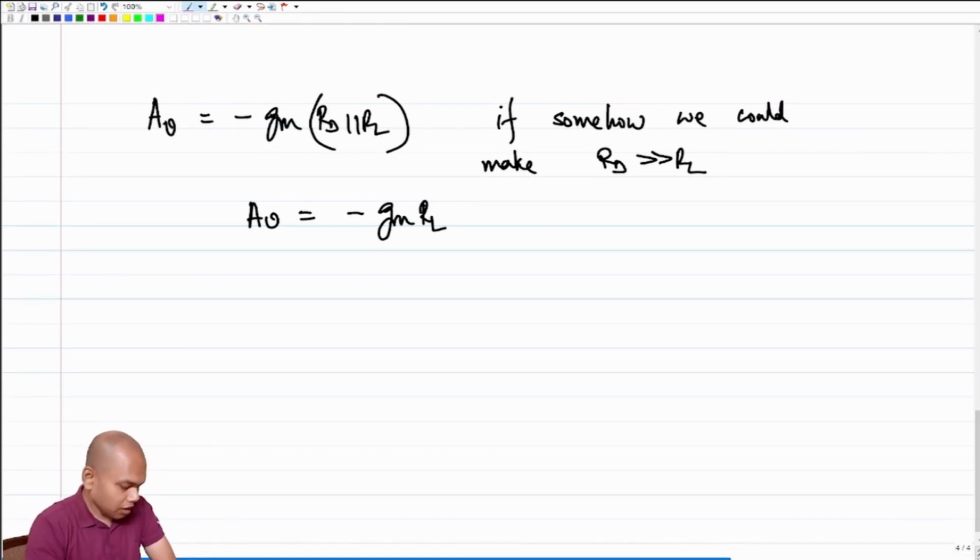Now, how does this gain relate to our quiescent point? Because ultimately the incremental characteristics of an amplifier always depend on where and how you have biased the transistor.